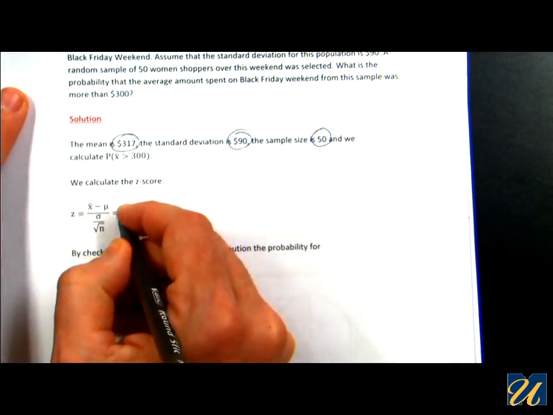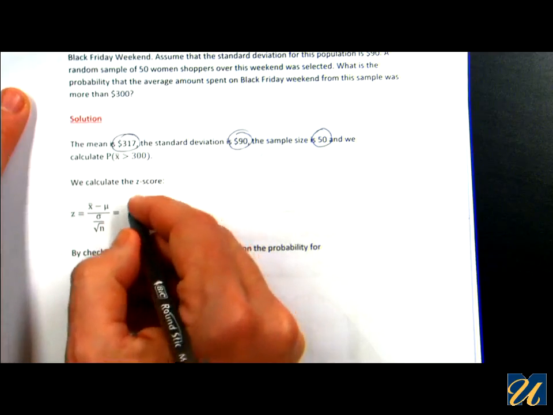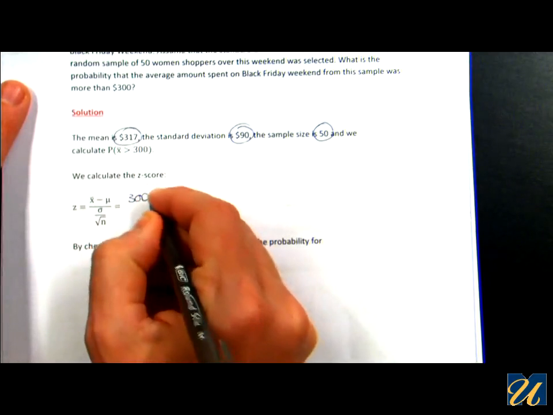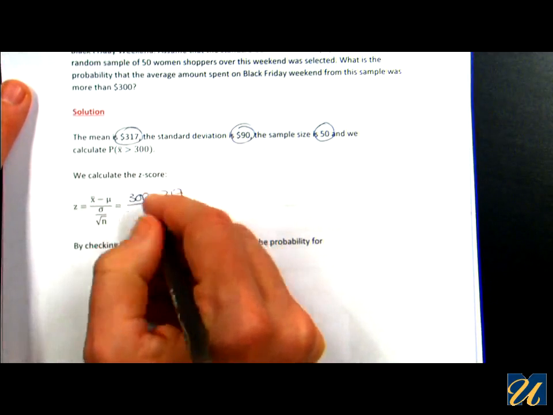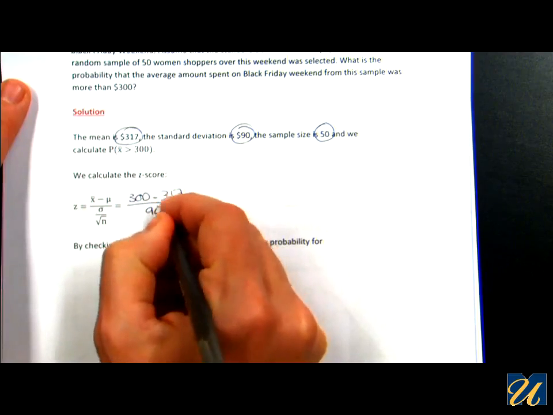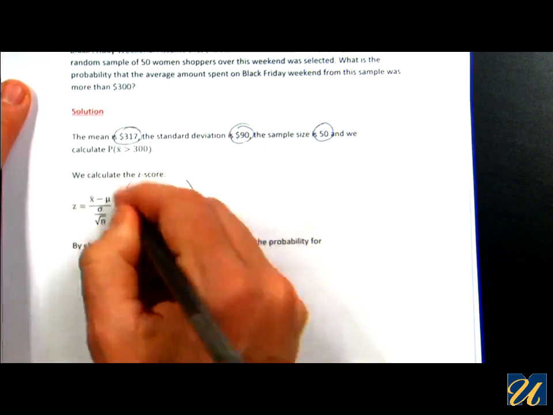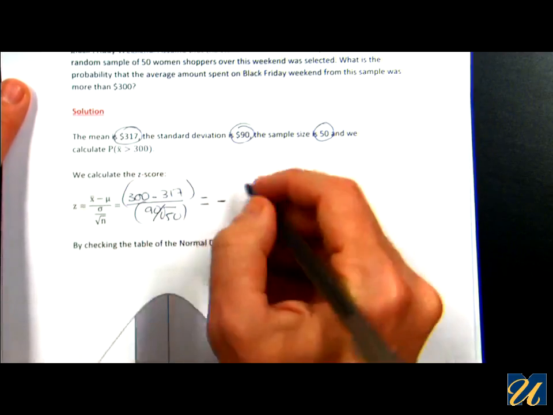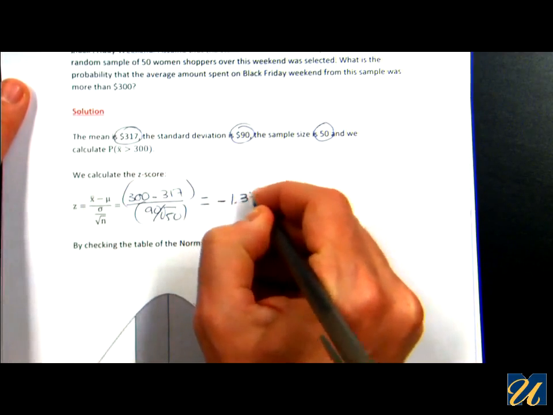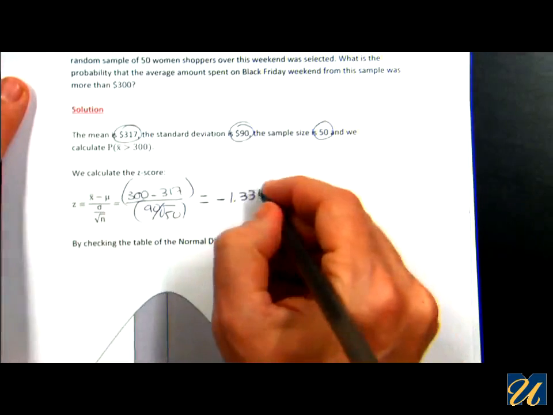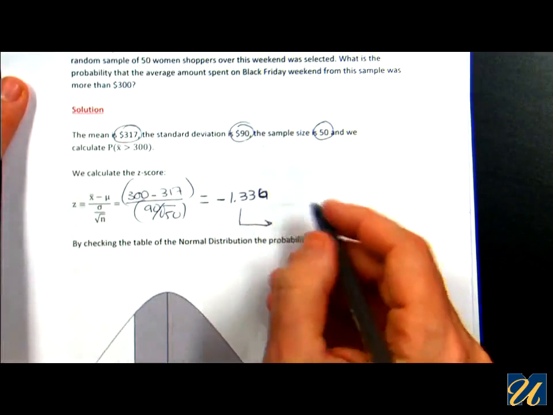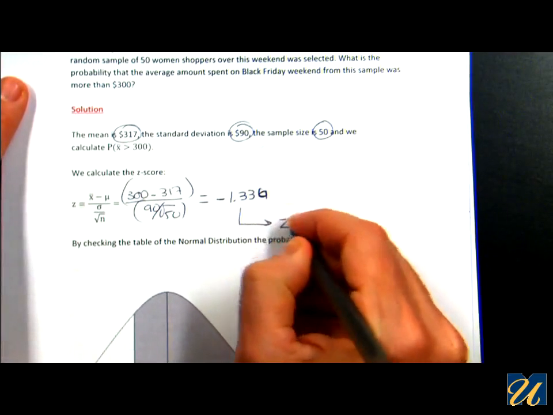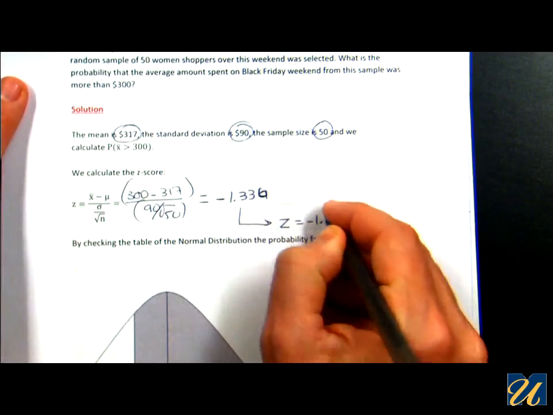We calculate the z-score. X bar is equal to 300 minus 317 over sigma, which is 90, divided by square root of 50. If you do your calculations, this is going to be negative 1.334. Actually, it's 6. We have to round up to 2 decimals. So the z-score will be equal to negative 1.34.